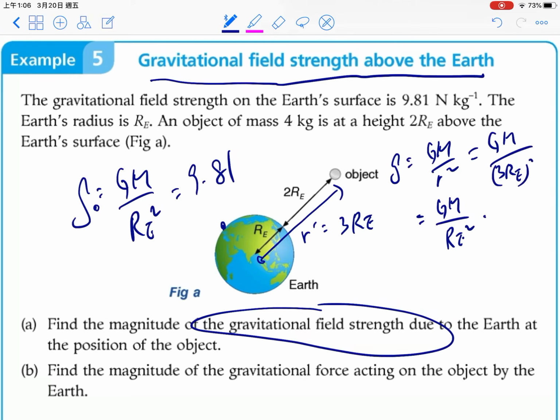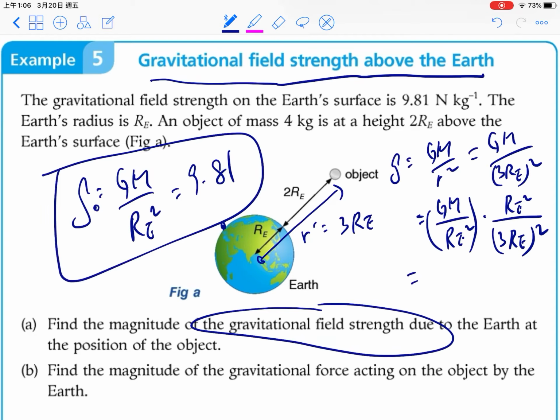We know r is equal to 3R_E, and then we have R_E squared here, 3R_E squared. We should write it down like this. This is the exam technique, because we want to use the fact g naught equal to GM over R_E squared.